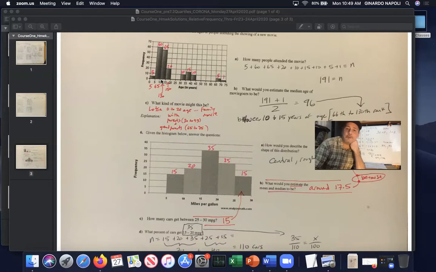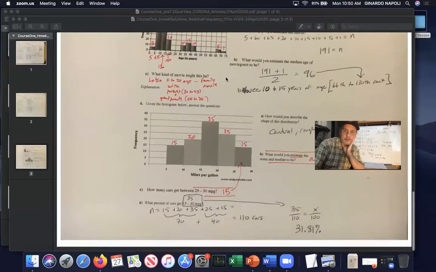So in 10 to 15, we have the 66th to the 130th number, which means the median is here. And notice the median is shifting to the right of the mode. And notice that we have a whole lot more numbers to the right of the mode, so this is right skewed. You got a few people who are much older than everyone else. It's going to skew the mean. All right, that's what that means.